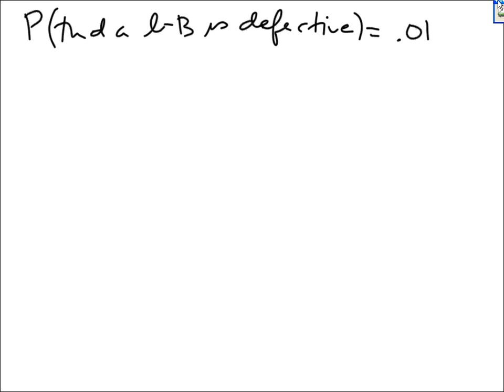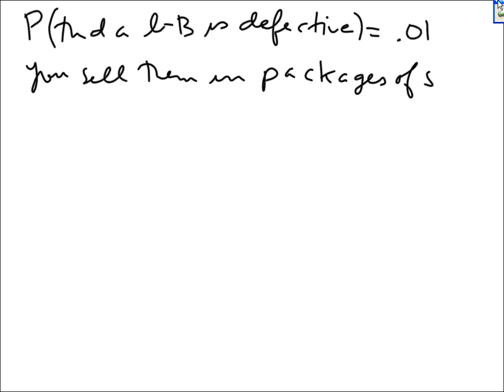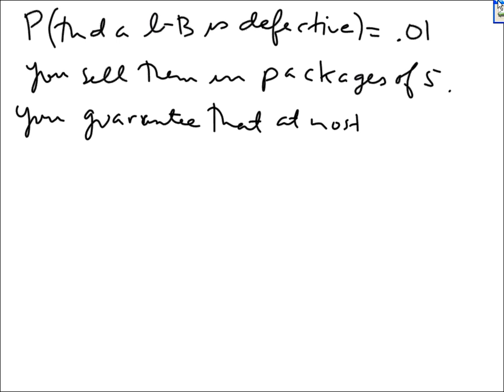Okay, now you sell these light bulbs. You sell them in packages of 5. And you offer a money-back guarantee that at most one will be defective.